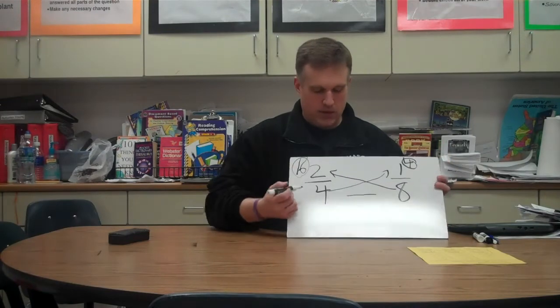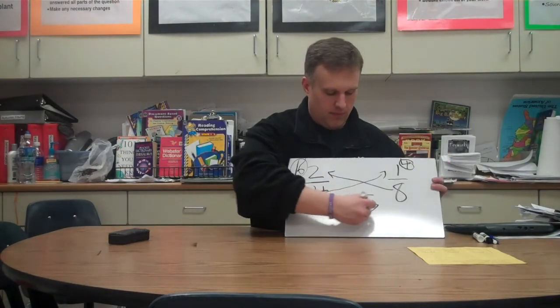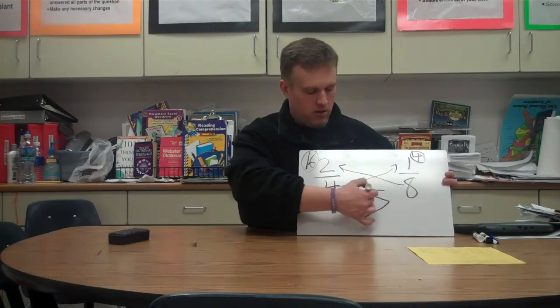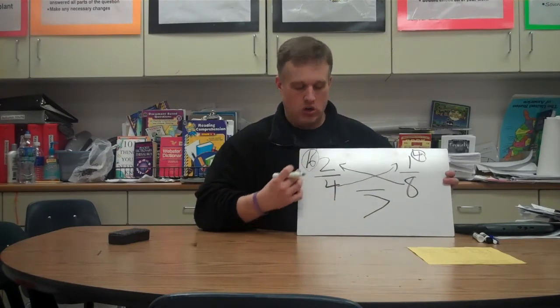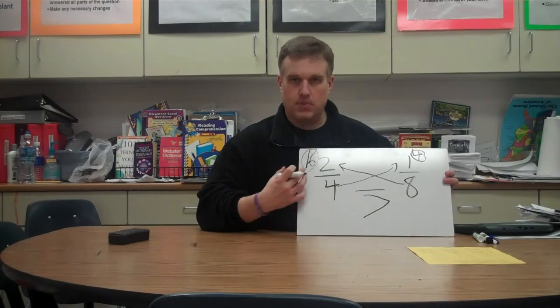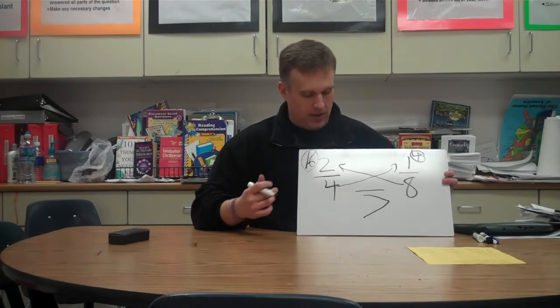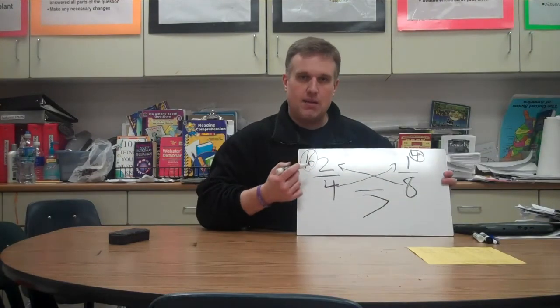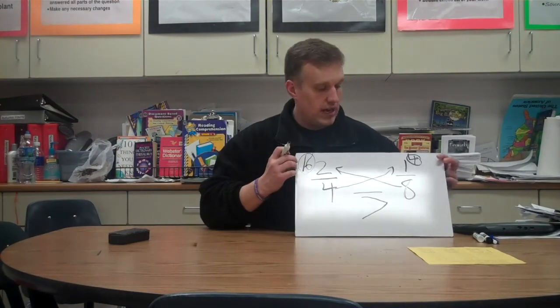Again, 16 is bigger, so my sign would go that way. The greater than goes to the bigger number, bigger fraction. But again, we're just cross multiplying, and make sure you write that number at the top so you don't get confused. You can just look at them and compare the two.